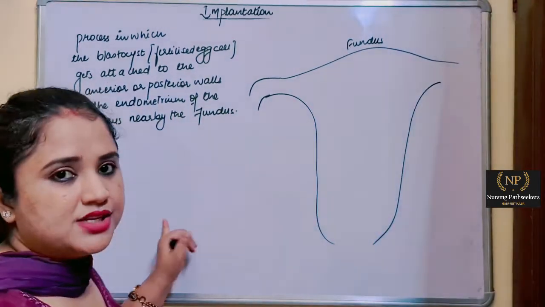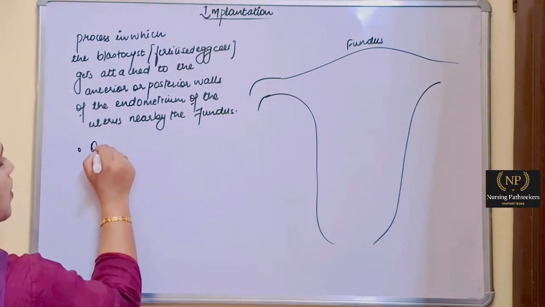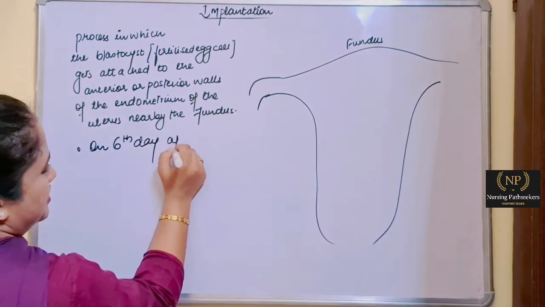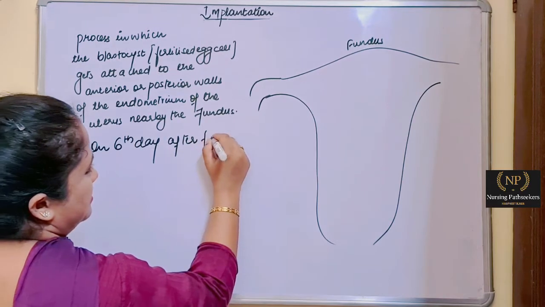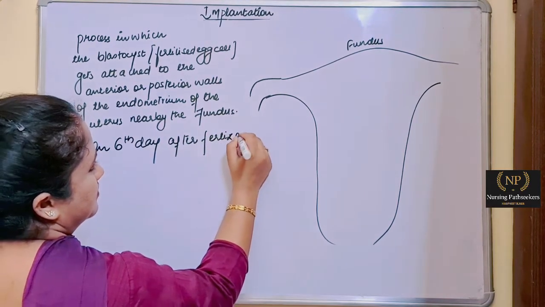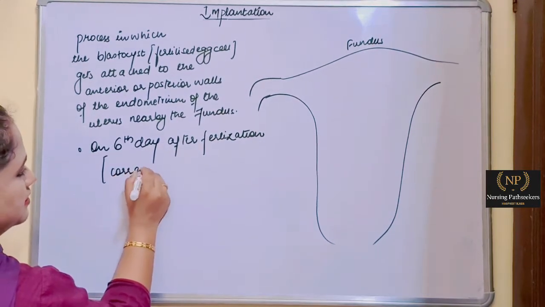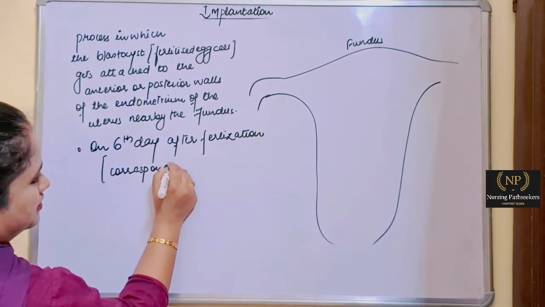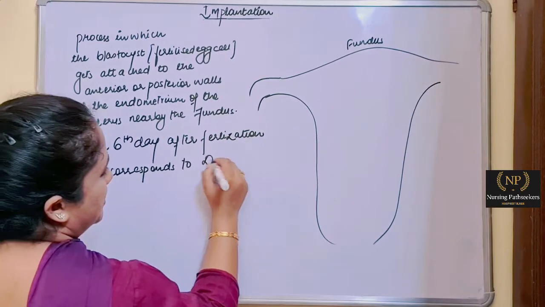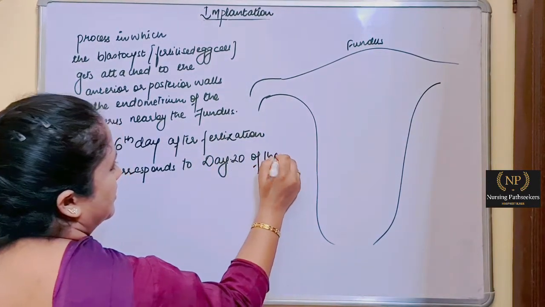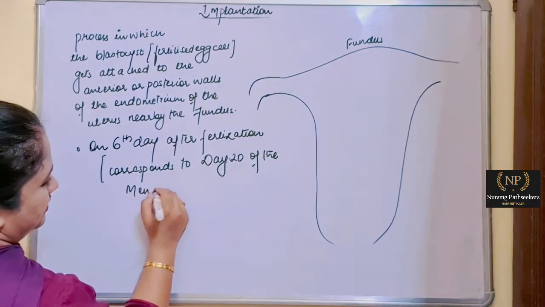Now this process usually occurs on the 6th day after fertilization, which corresponds to day 20 of the menstrual cycle.